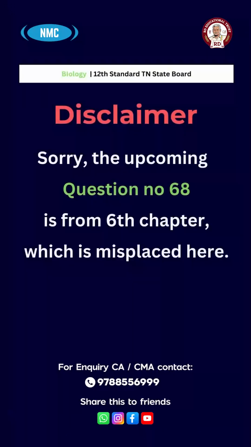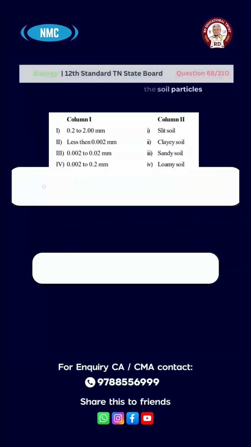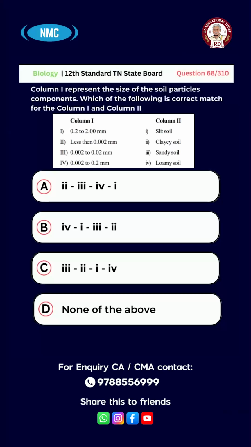Sorry, the upcoming question is from the 6th chapter, which is misplaced here. Question number 68. Column 1 represents the size of the soil particle components. Which of the following is the correct match for column 1 and column 2? Column 1: 1, 0.2 to 2 mm. 2, less than 0.002 mm. 3, 0.002 to 0.02 mm. 4, 0.02 to 0.2 mm.